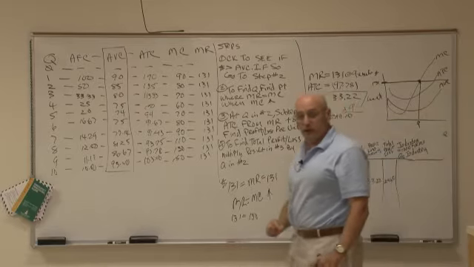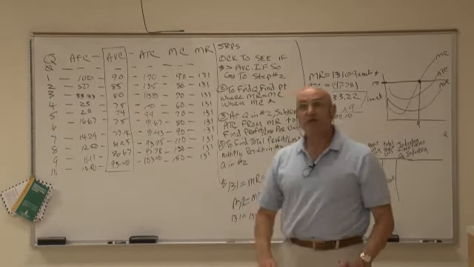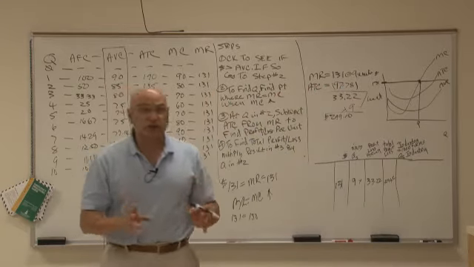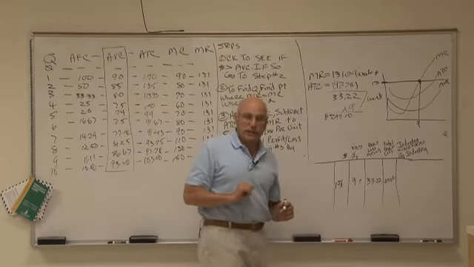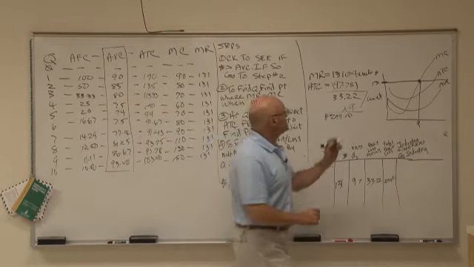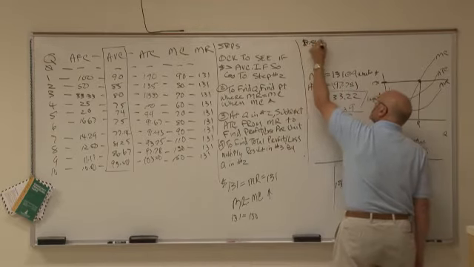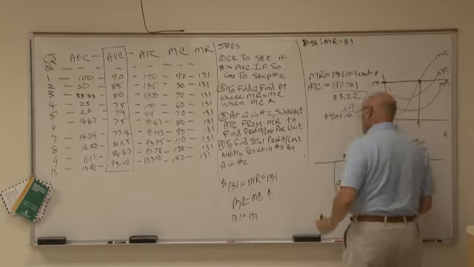Okay, let us assume that we go to bed on a Sunday and we wake up, and for some reason, doesn't matter why, we're not concerned about that, people are only going to pay $81 for my wheat. So therefore, if my wheat is $81, this means that my marginal revenue is equal to $81.